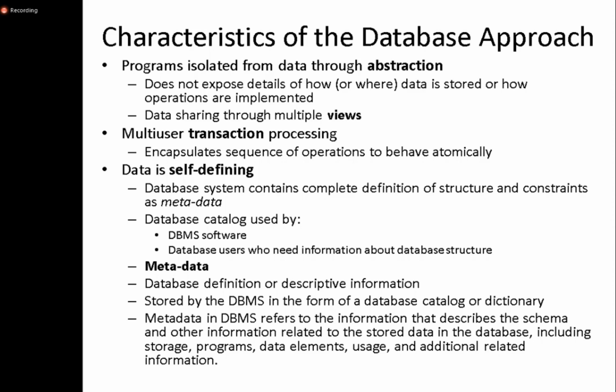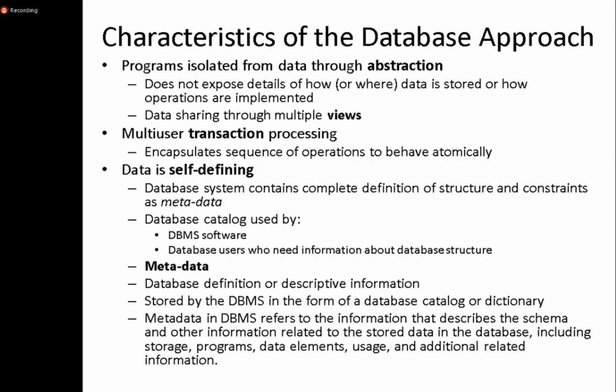The data about the data is stored there, so you can find not only the data you stored, but data regarding your database and other related things. To do that, it uses something called the database catalog. It is normally accessed by the DBMS software.